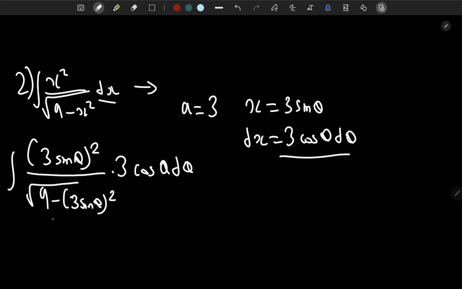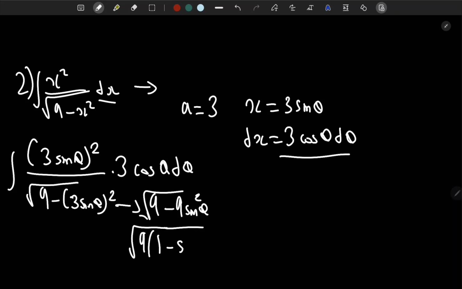Over here we can simplify the denominator, so it becomes 9 minus 9 sine squared delta. We can factor 9 outside, and it becomes 9 times 1 minus sine squared delta, and we know that this part is cosine squared delta.